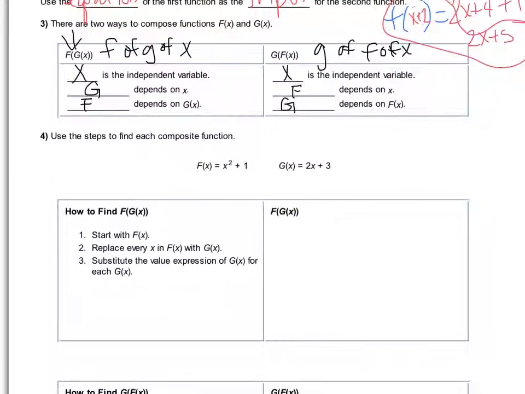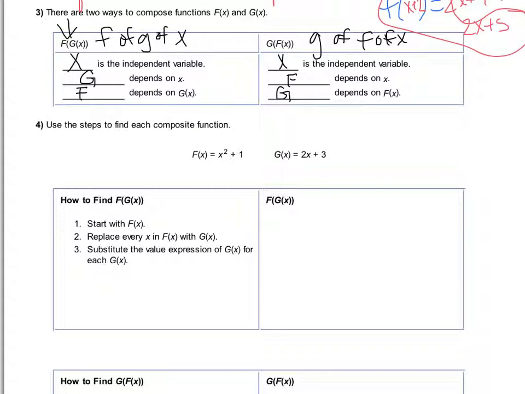So I'm supposed to take these two functions, f of x equals x squared plus 1, and g of x equals 2x plus 3, and I'm supposed to find f of g of x. Let's start off with writing f of x equals x squared plus 1. What they have done is replaced what was in the parentheses here, x, with the function g of x.